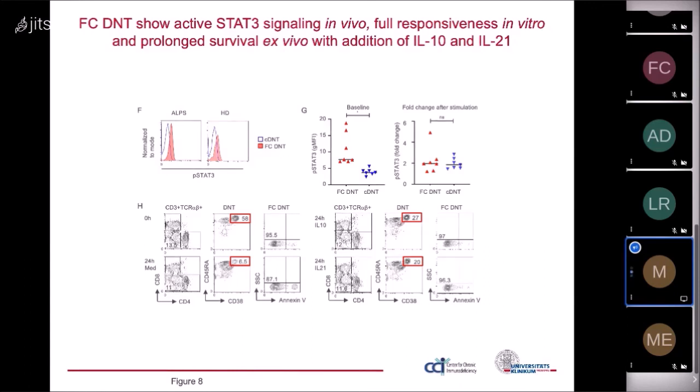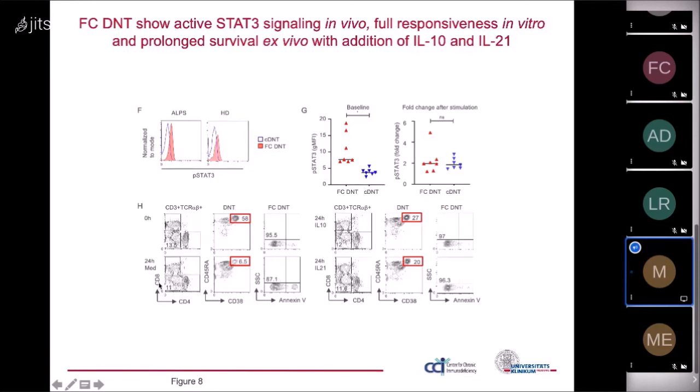And so what we do in the lab is always try to find something which keeps them alive. And here we tried to add to a survival assay performed for 24 hours, also IL-10 and IL-21, so STAT3 activating cytokines, to the medium. And we checked for the survival by staining for annexin 5 after 24 hours of incubation.